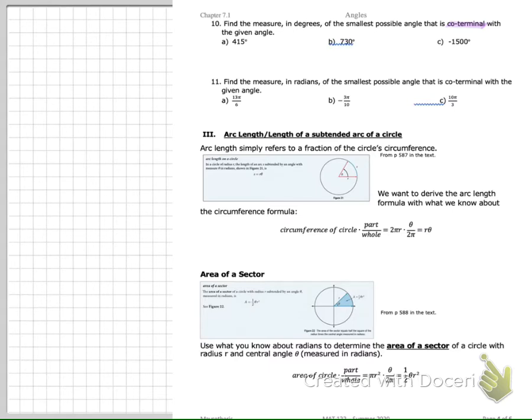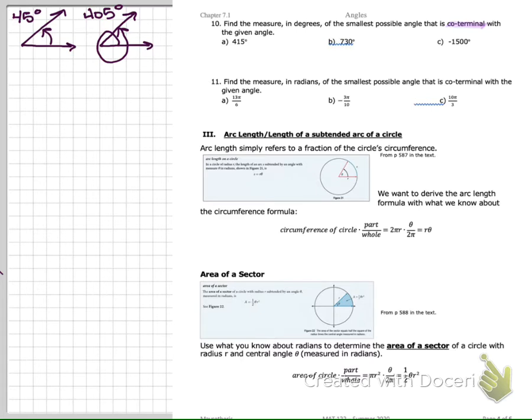So the very first page, you drew two angles. One was a 45-degree angle. The other one was a 405-degree angle, which went all the way around, and then there's that 360 for all the way around the circle, plus the additional 45.